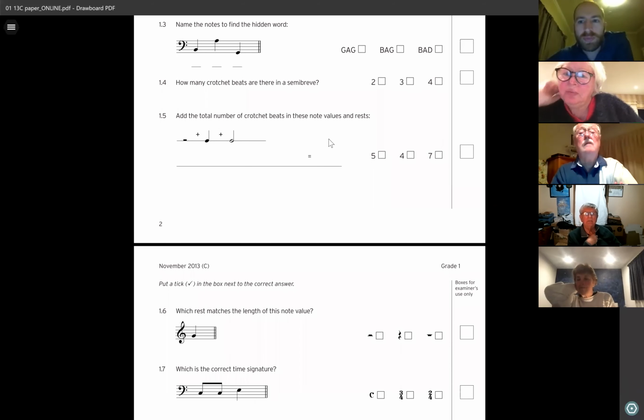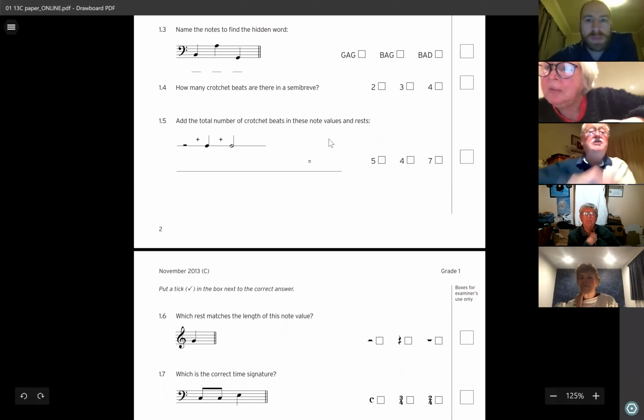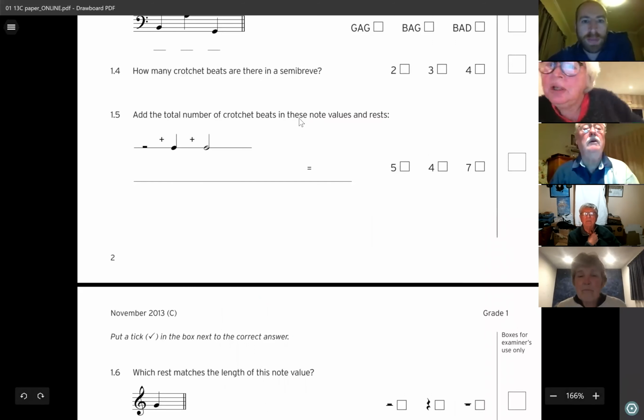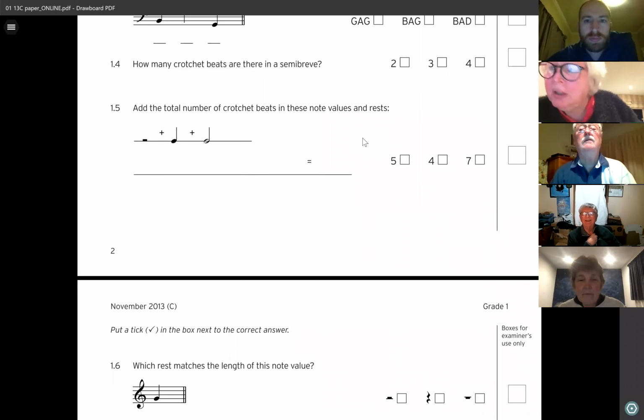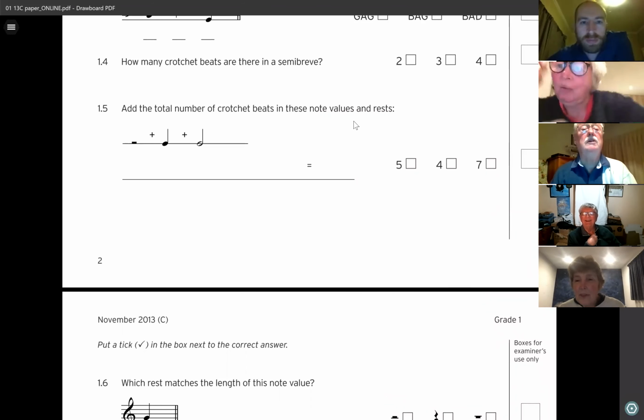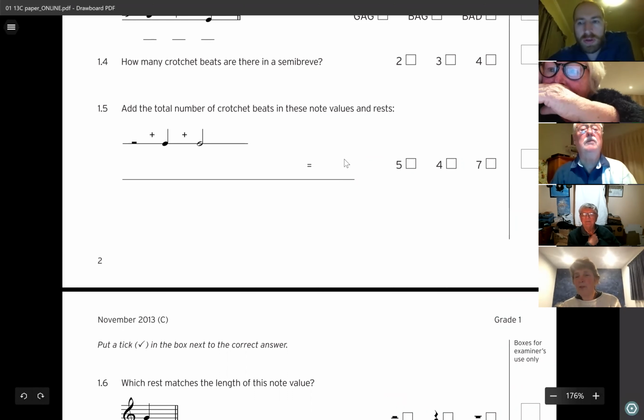This is very small on my screen. I don't know how to make it bigger. Sorry, there must be some button I can press to make it bigger. Never mind, go on, don't look at me. Can you not do speaker view? I've just got to go really close so that I can see it. Isn't it called speaker view? And then you can see that whole screen big and all other screens little.